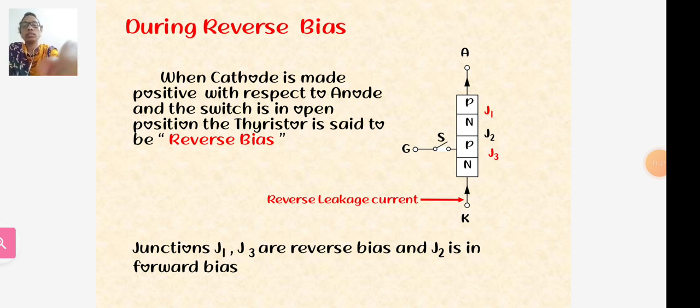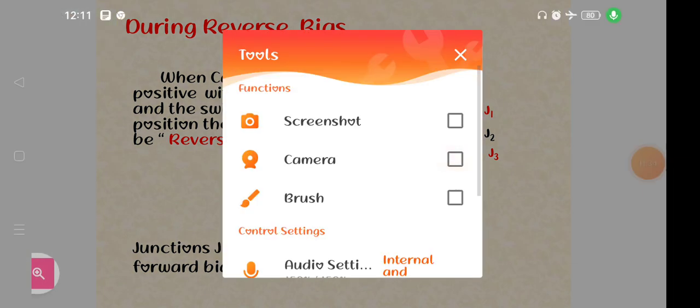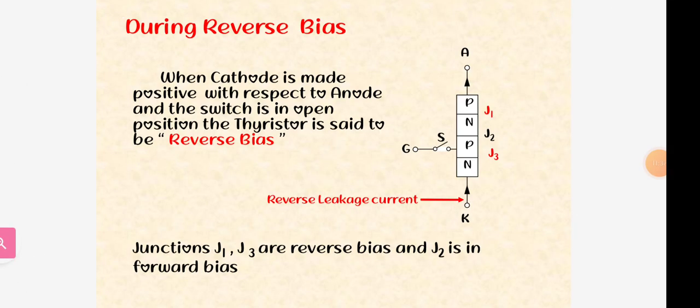So in this reverse bias direction, a small leakage current of the order of a few milliamperes or a few microamperes will flow.